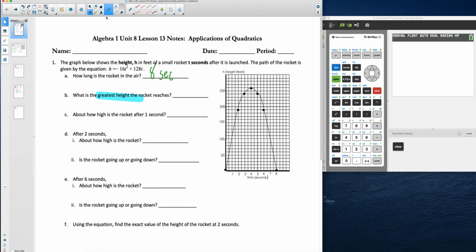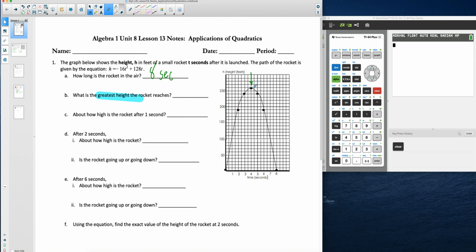Anytime we see greatest, maximum, minimum, and we're dealing with a quadratic, what we're really talking about is the vertex. So remember, the x-coordinate is talking about when or where, and the h value, or the y value, is the actual maximum or minimum.